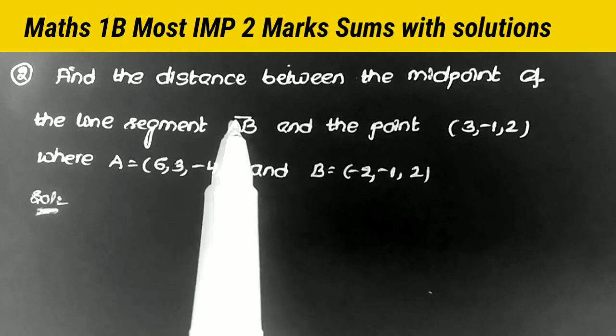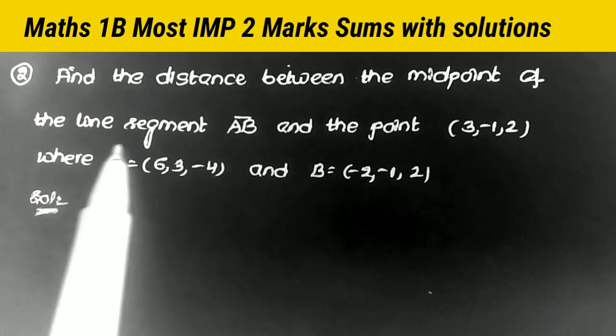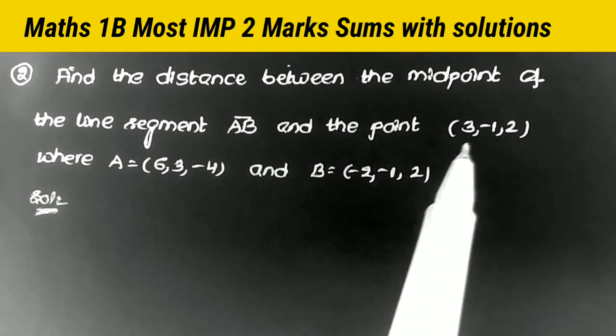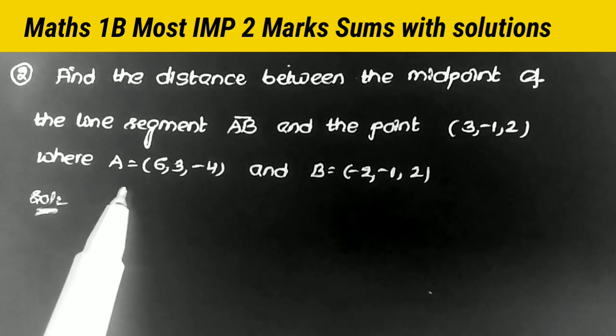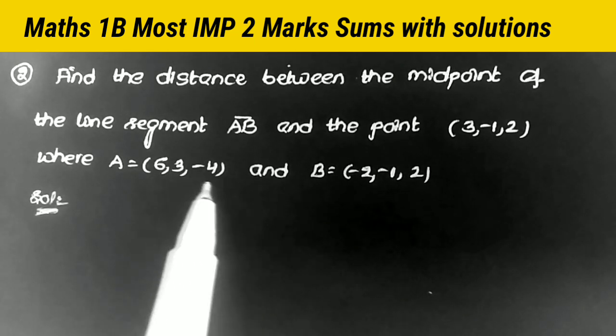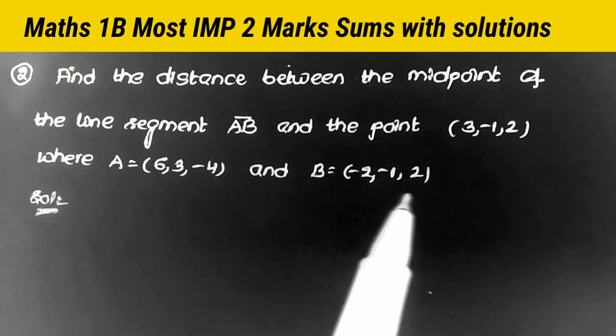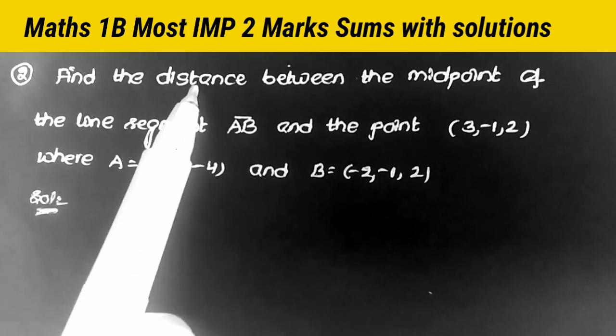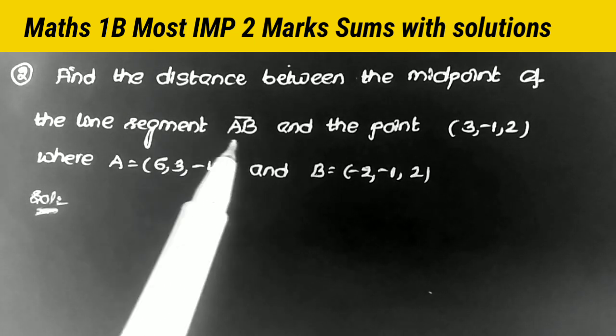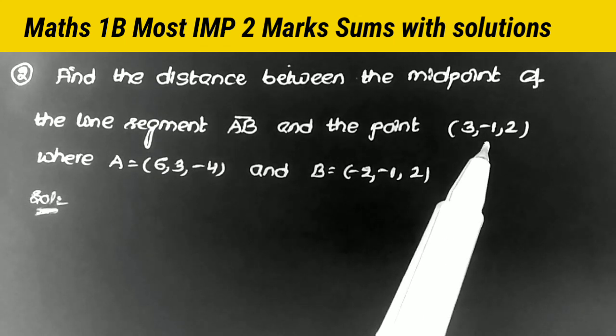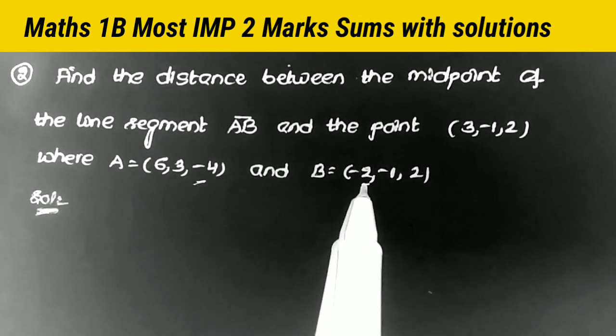Second problem. Find the distance between the midpoint of the line segment AB and the point (3, -1, 2), where A = (6, 3, -4) and B = (-2, -1, 2). Here two points A and B are given.